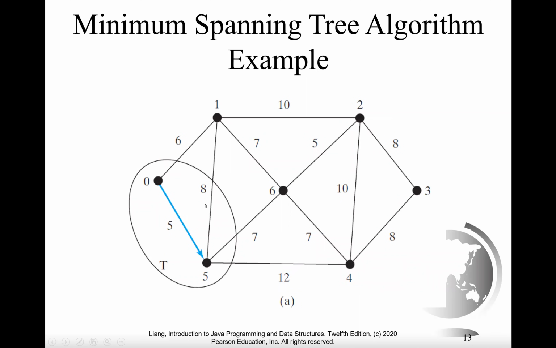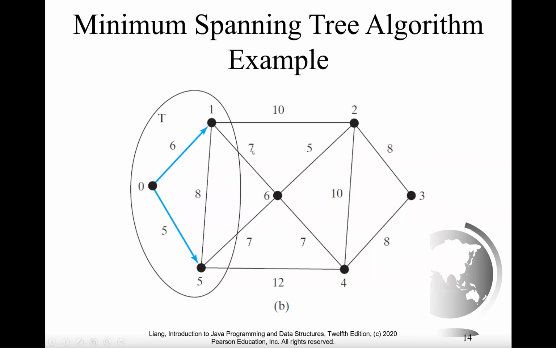All right, so in this example, assuming we start from 0, which one am I going to bring in? The smallest is 5. Now, the next one, you have 6, 8, 7, 12, and 6 is smallest. We'll bring 6 in. And now which one is the next? It is 7, 7, 12, 10, so 7. We can pick any of the 7s.